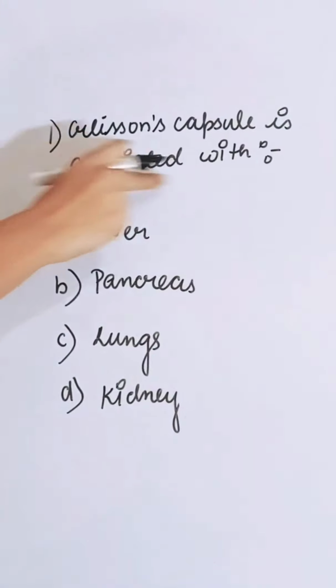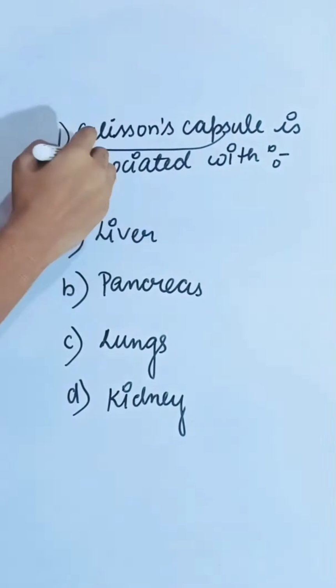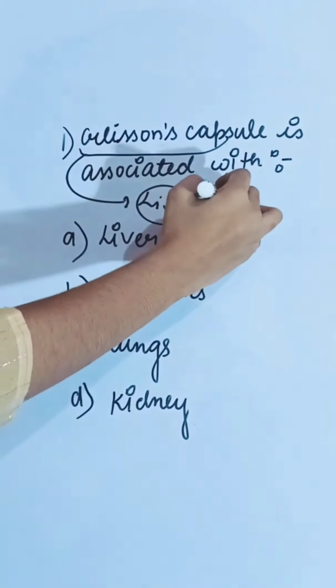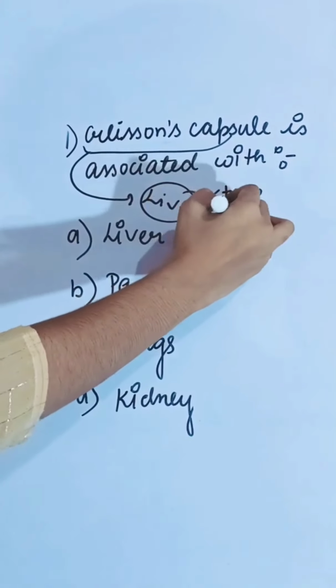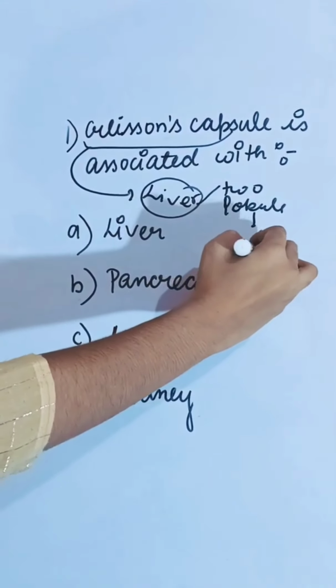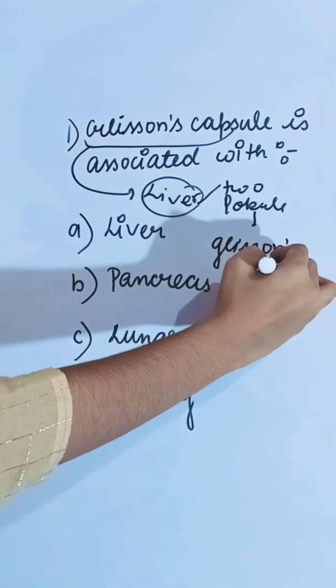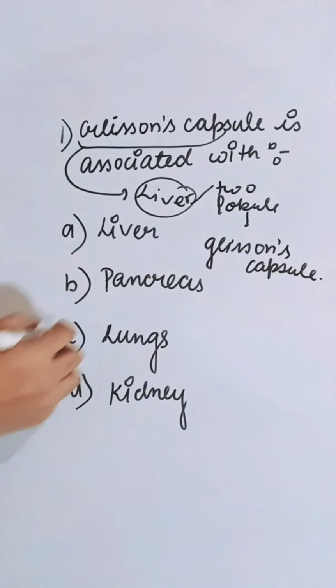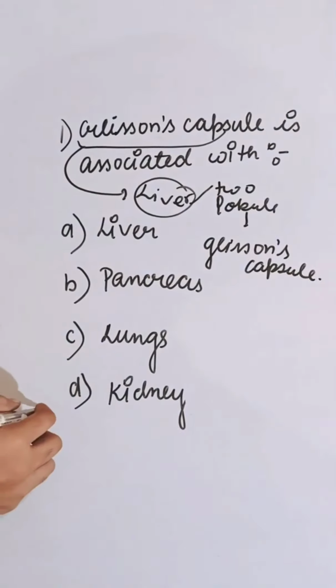Glisson's capsule is associated with. Glisson's capsule is present in liver. Liver has two lobes which is covered by Glisson's capsule. First option liver, second is pancreas, third is lungs and fourth is kidney.